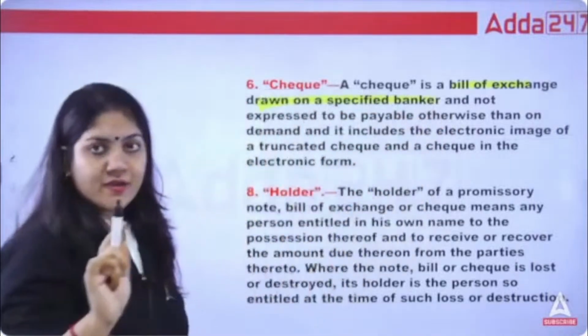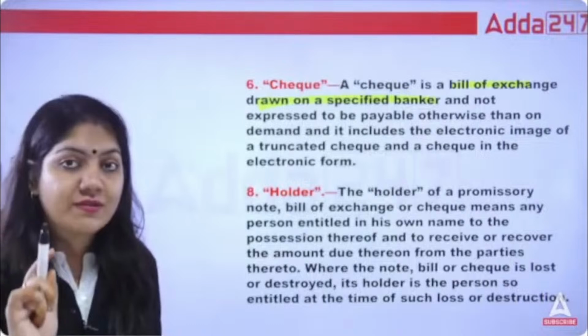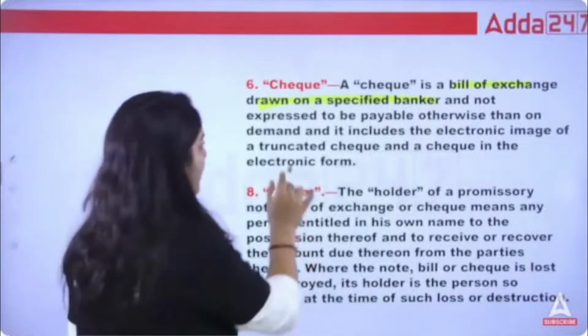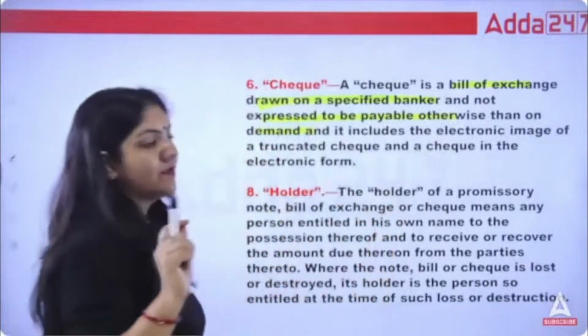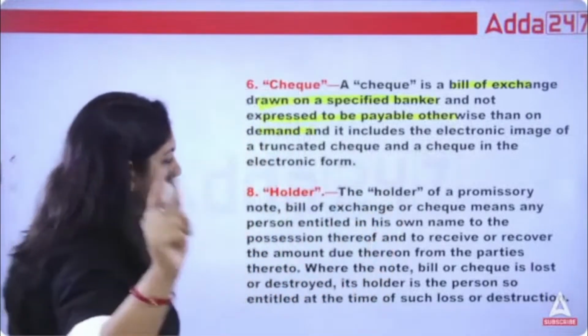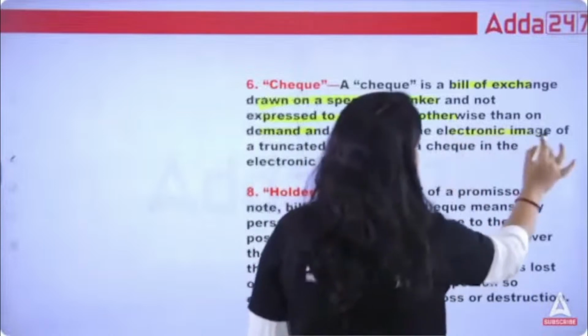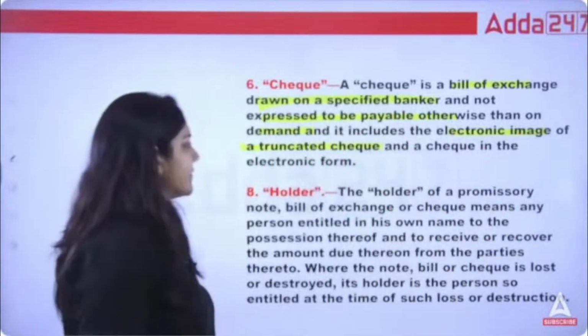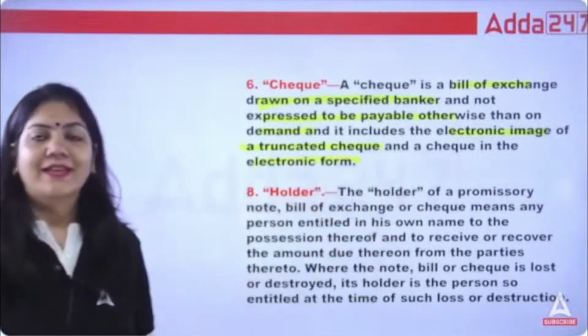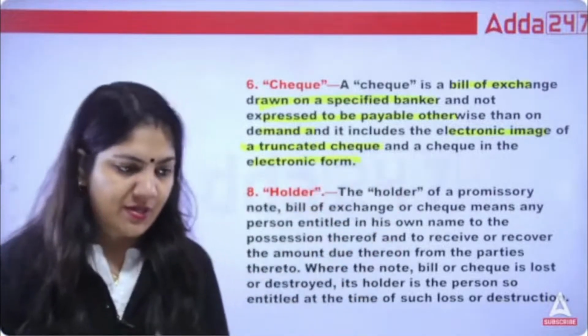In the check, the bank is always the drawee. It is not expressed to be payable otherwise than on demand, because a check is always payable on demand. And check also includes the electronic image of a truncated check, because right now we also use the electronic check and truncated check. That's it.